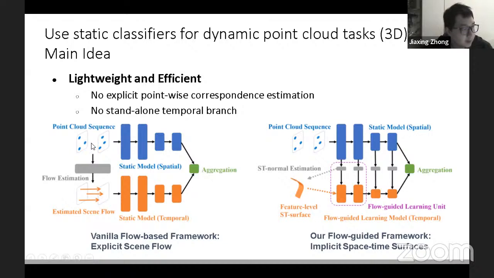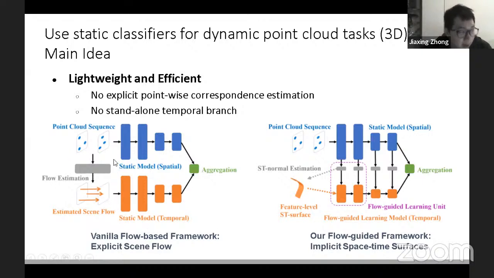That is to estimate, like the optical flow in 2D images, the low-level point-to-point correspondences across different frames.